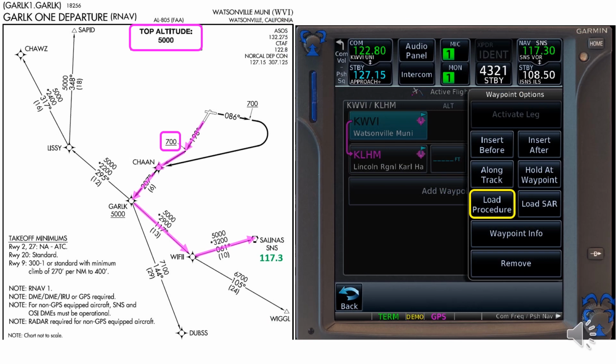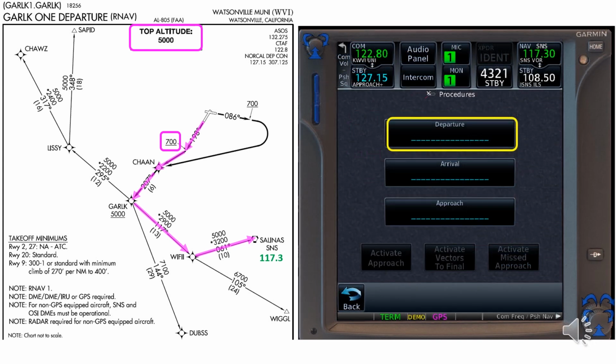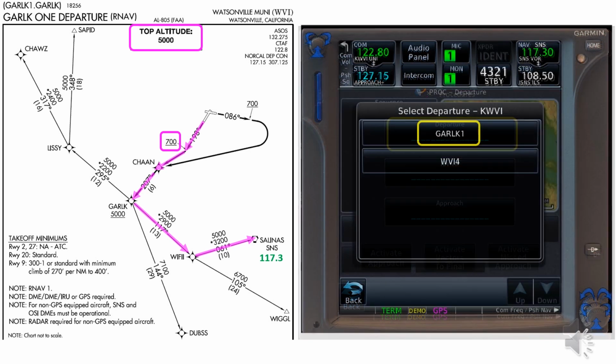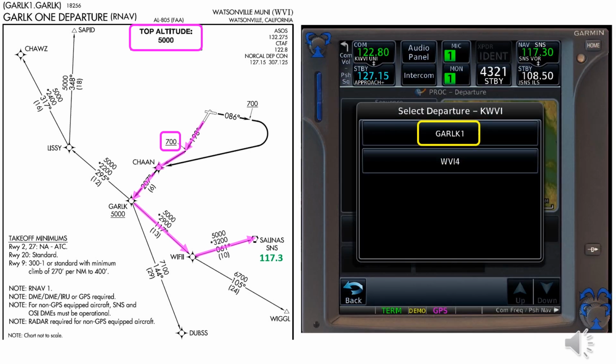All Garmin navigators use the same sequence to load departures. The process is just more visual and easier on a GTN or other touchscreen navigator. Select the departure airport in the flight plan, not strictly necessary but a good habit, and select Load Procedure. To load a departure procedure or SID, select Departure. Select the name of the procedure you are cleared to fly.